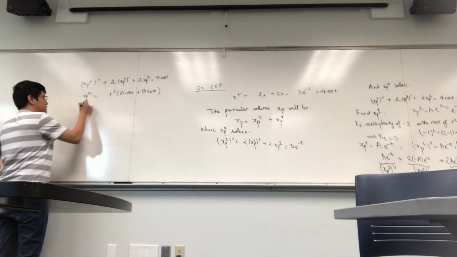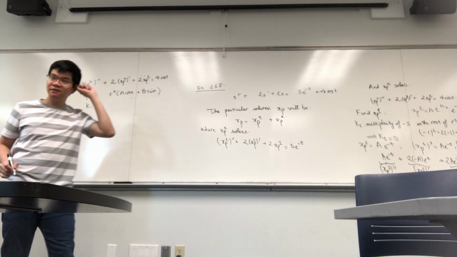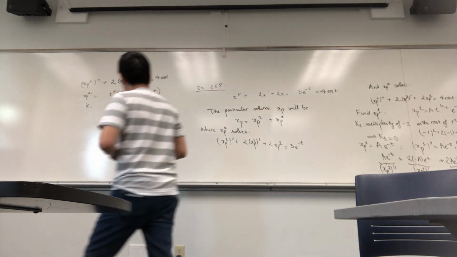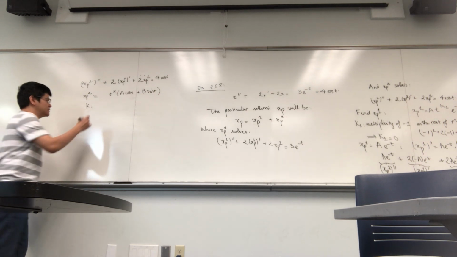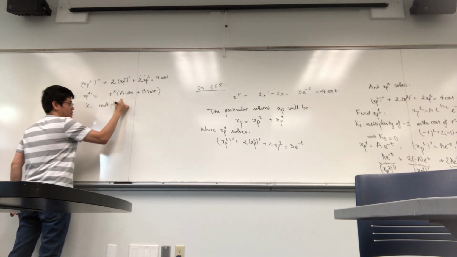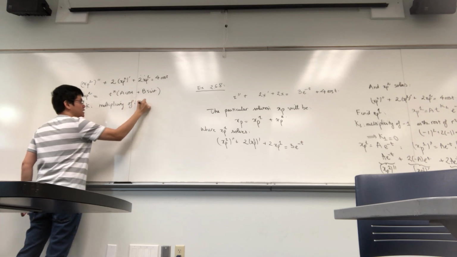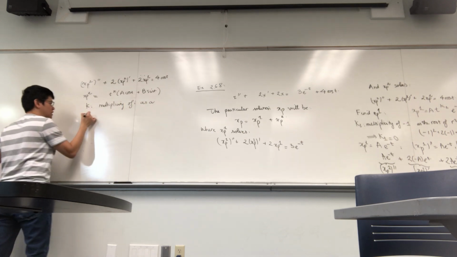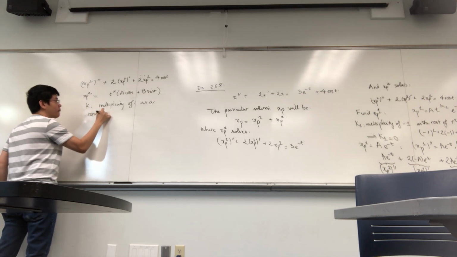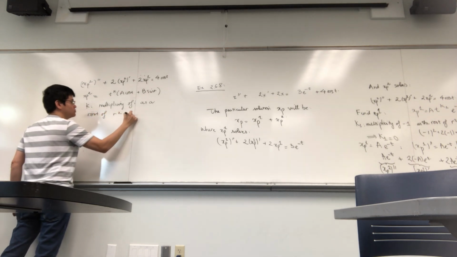Right, so what is the k in this case? The multiplicity of i as a root of r squared plus 2r plus 2.